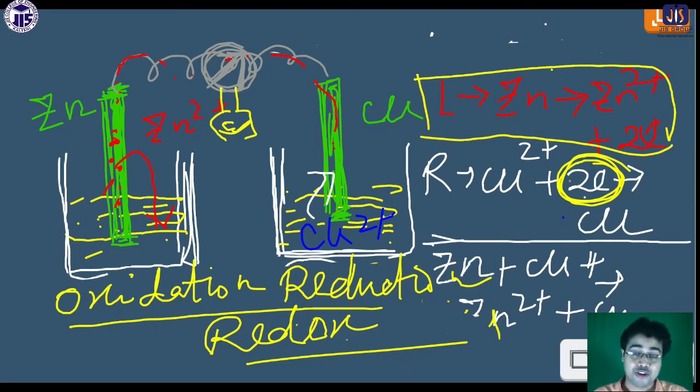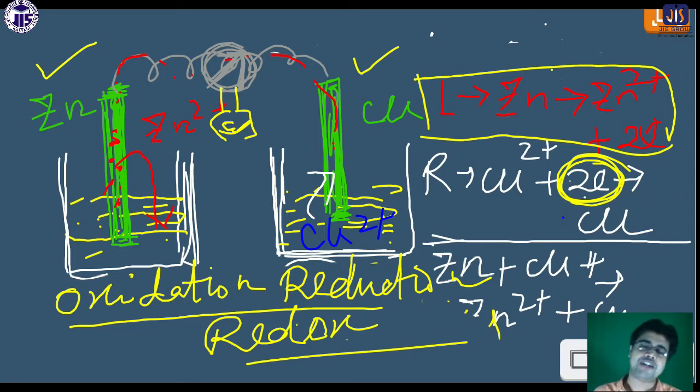There may be a question in your mind: why in the zinc electrode does oxidation occur, and why in the copper electrode does reduction occur? Why not the opposite? This comes from the electrochemical series.